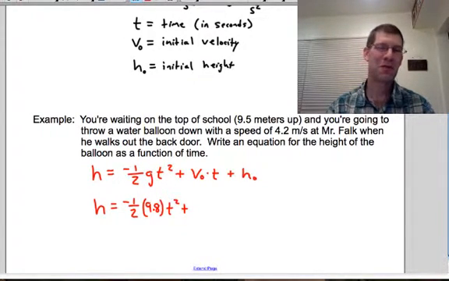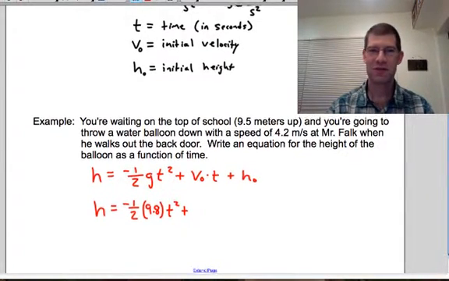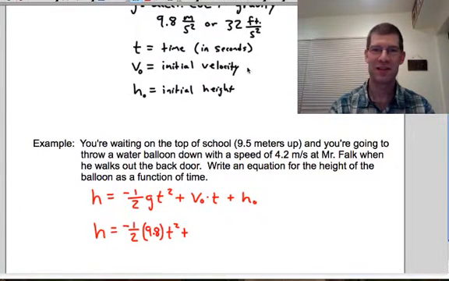Plus, I started writing the plus, but really I shouldn't. If you think about it, when you throw something up, that's going to be adding to the height. So I'm going to jump back up here and say initial velocity. Maybe we'll say that if this is up, it's positive, because it's going to be adding to the h values. If you're throwing something down, it's going to drop. The h is going to get smaller faster.